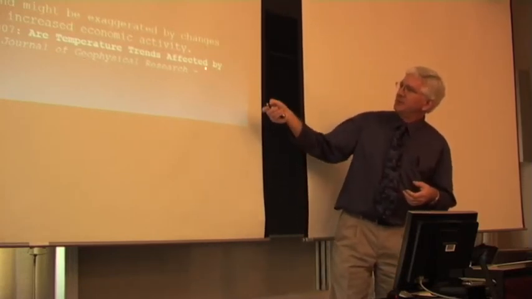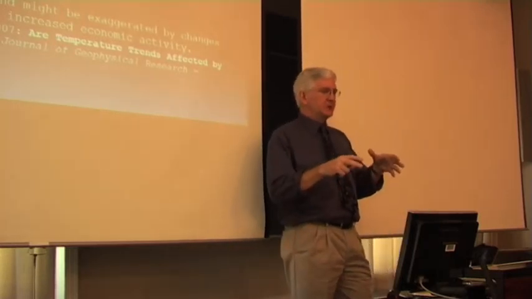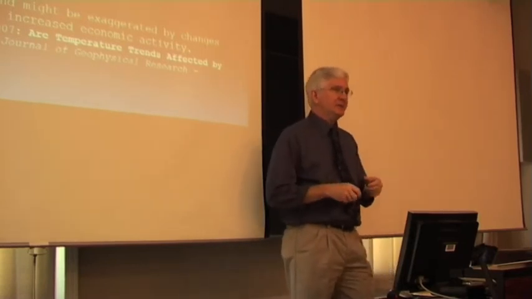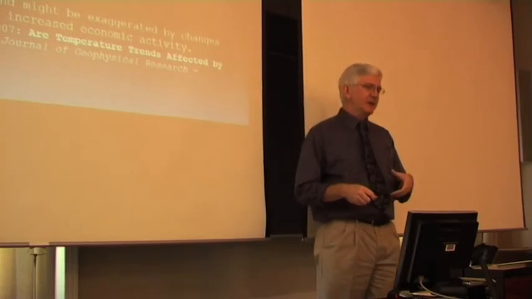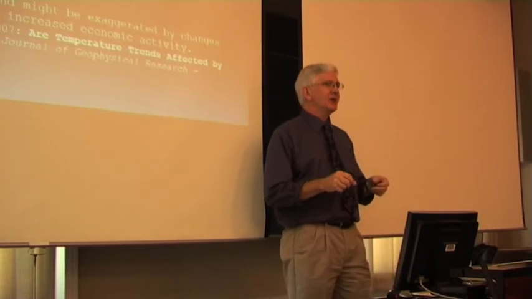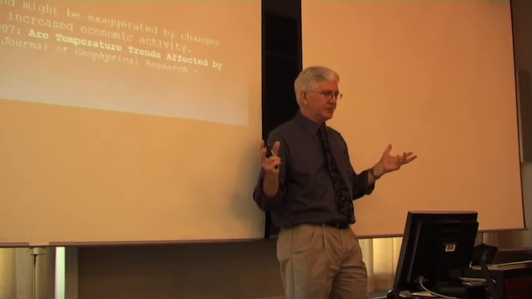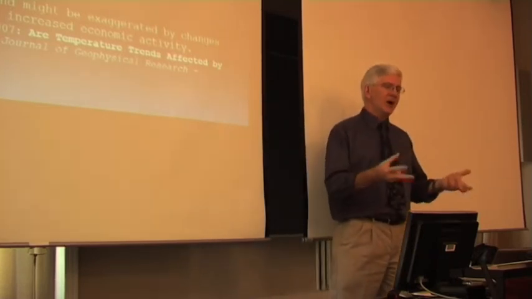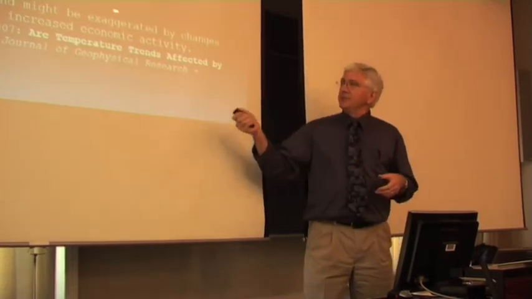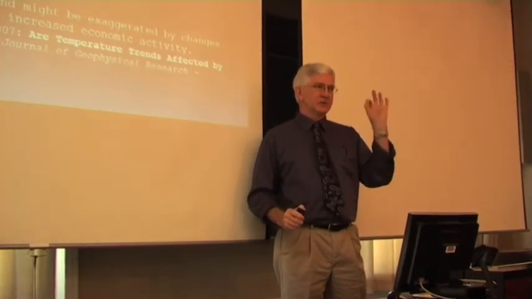Here's a paper published in 2007 where they looked at how temperature over land varies with economic activity and found that as much as 50% of the warming we think we've measured over land could be just the urban heat island bias that has not been removed from the data. Not a good enough job of removing the urban heat island bias. Oh, they put out a press release. They had 0 calls from the media.